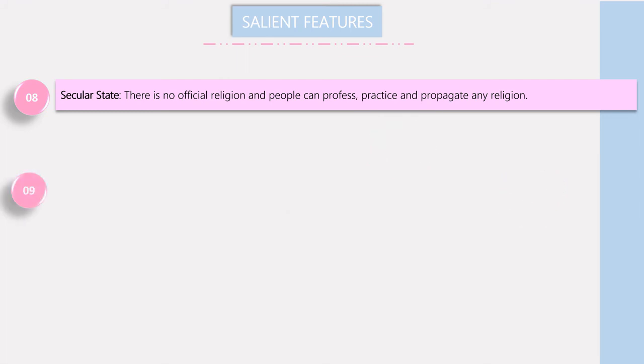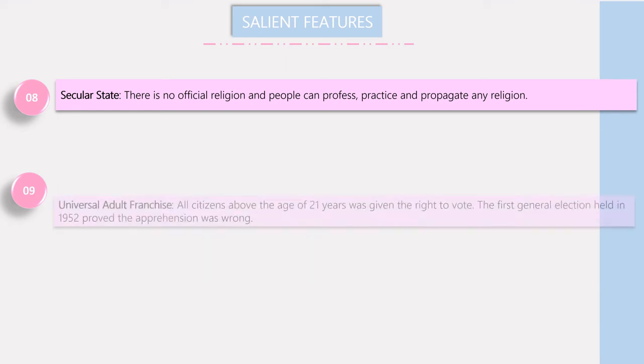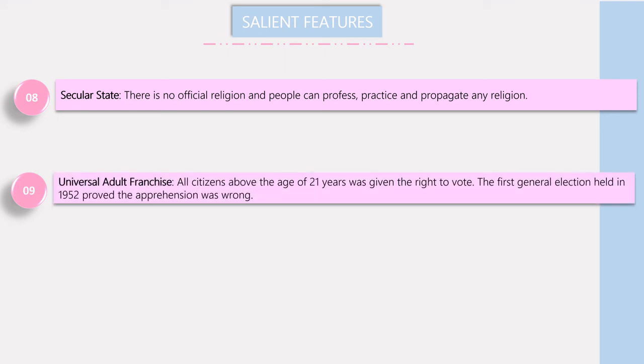9th, universal adult franchise. Despite poverty and illiteracy among the vast sections of the Indian people, our authors adopted the principle of universal adult franchise because of their faith in the common man to make democracy successful.